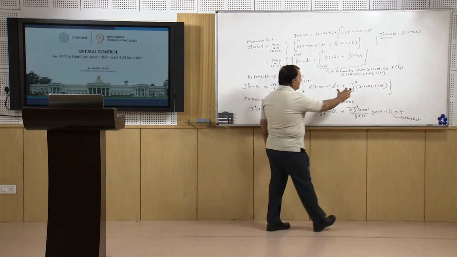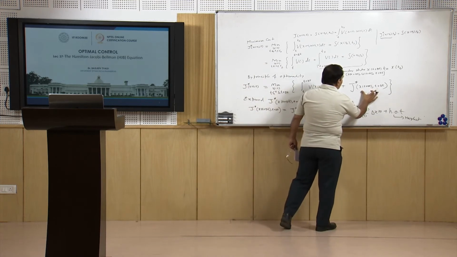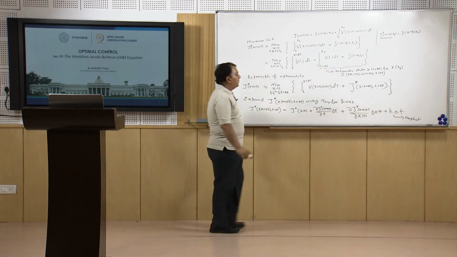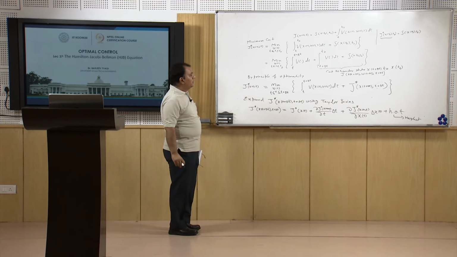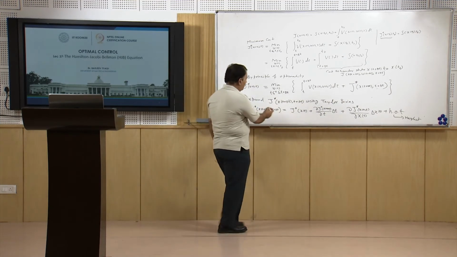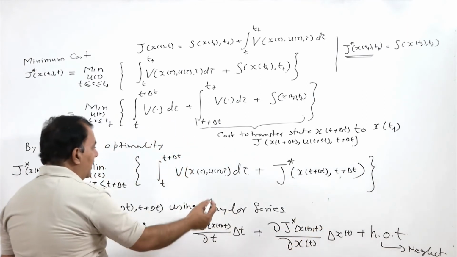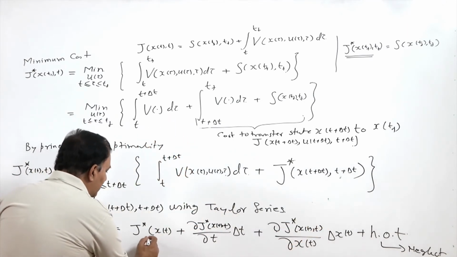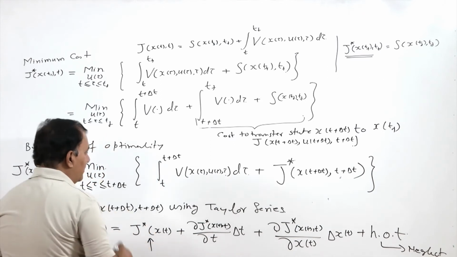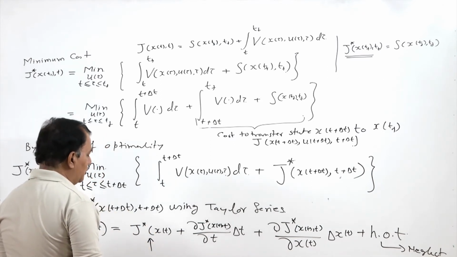So, in this expression, this J star x(t + Δt), t + Δt we can replace by this whole term, and this whole term, if you look, is my minimum, which is not dependent on my u.